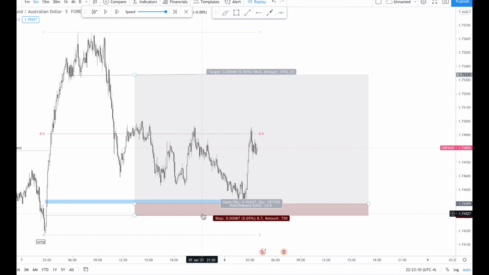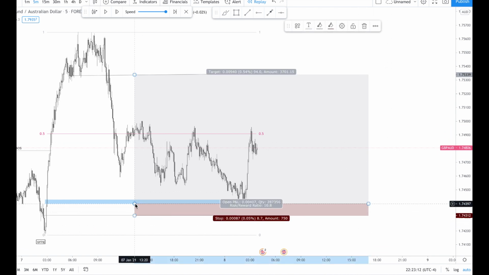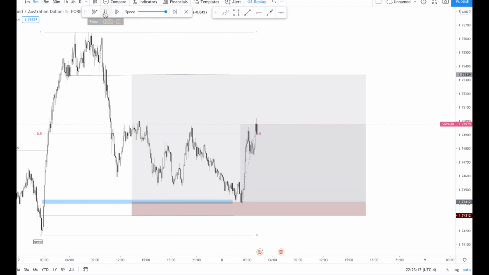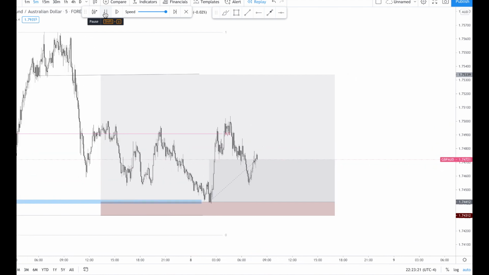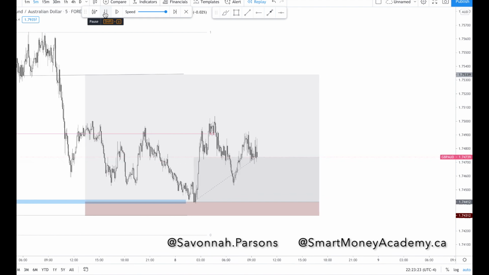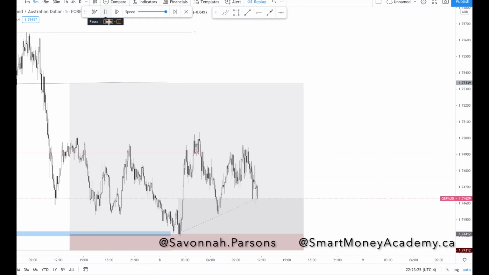Okay, it doesn't tap in by like a pipette. Let me just drag it up just so you guys can get that line. And now let's get out of this trade. Let's smash the take profit.